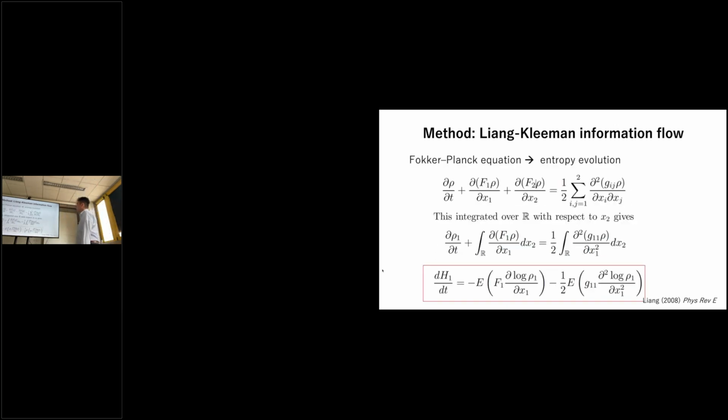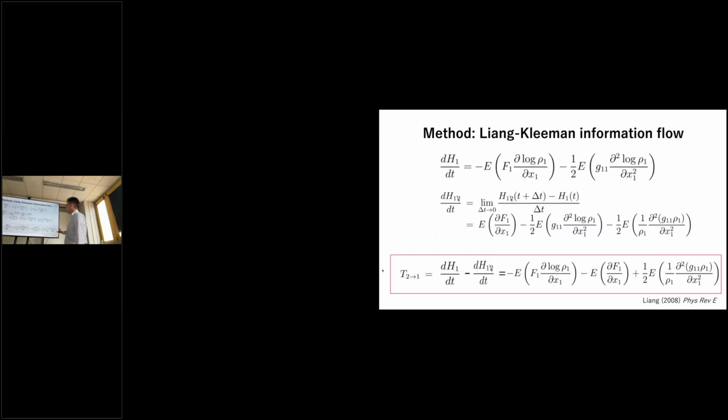Probably it's difficult to explain in a short seminar, but after some computations, we can derive the time evolution of the entropy of a variable x1 as this kind of expression, without any assumption or approximation.